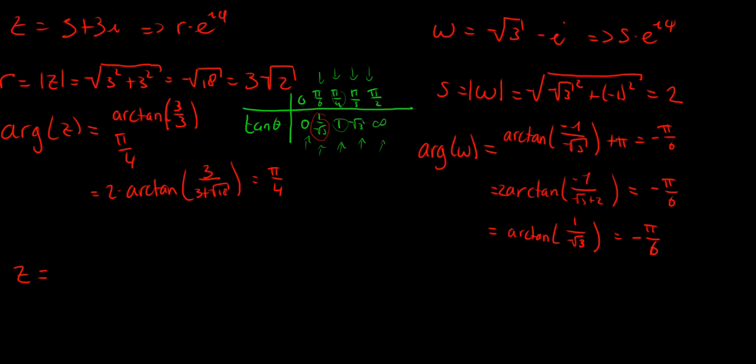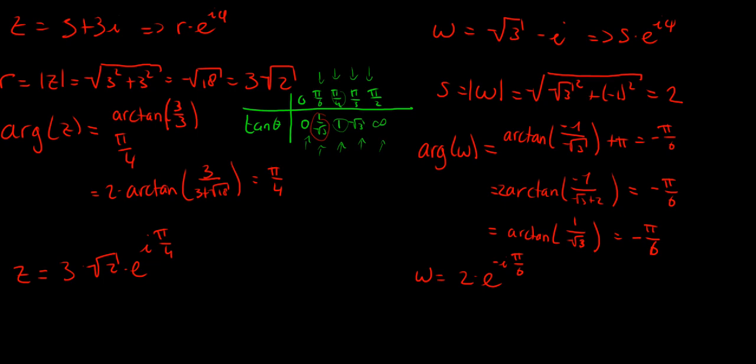For z, this is equal to 3 times square root of 2 times e to the power I pi divided by 4. And for w, we can rewrite it as 2 times e to the power of minus I pi over 6. Now I can still hear you wonder, well, this is great and all, but why is this better?